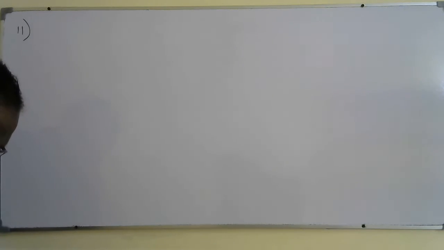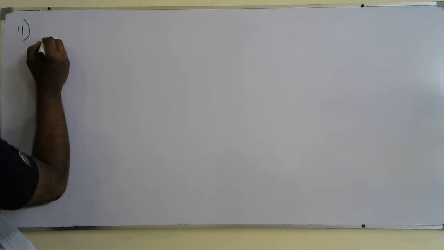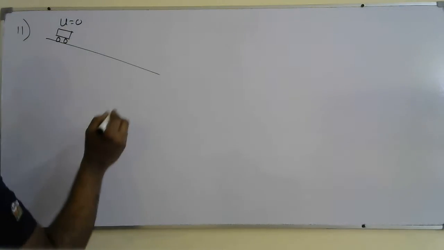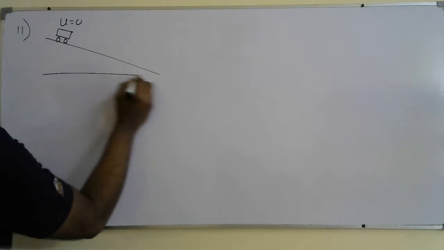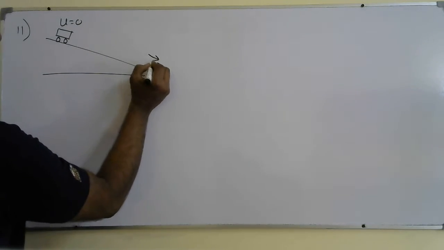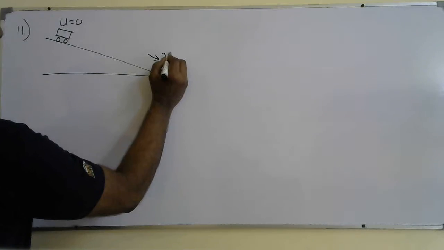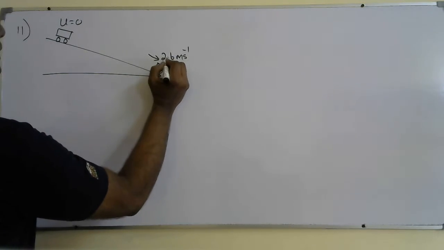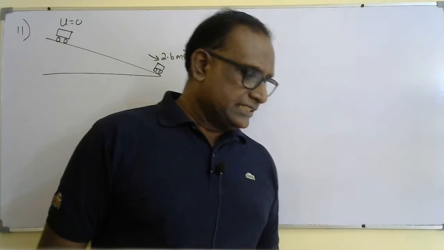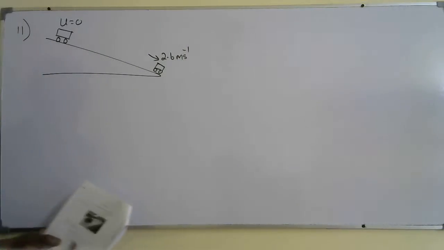So the initial speed is 0. At the bottom of the slope, the speed is 2.6 meters per second. Calculate the increase in kinetic energy of the car as it accelerates down the slope.